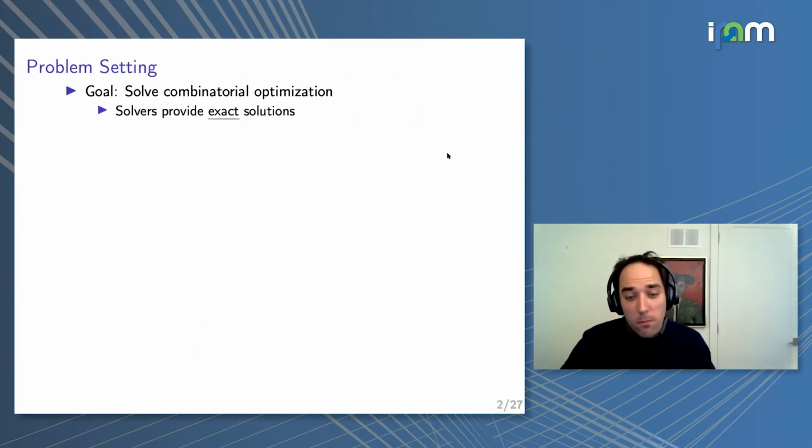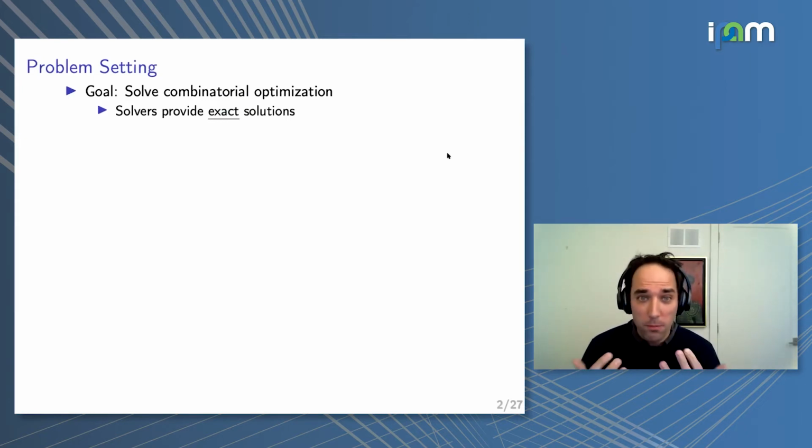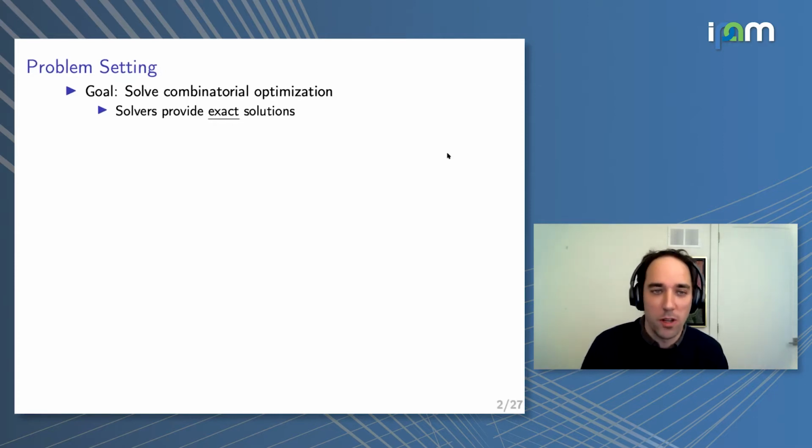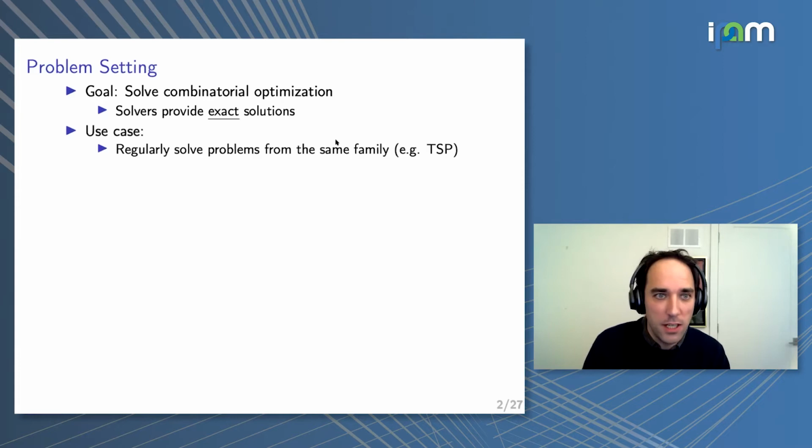Okay, so the goal here is to solve combinatorial optimization problems. And we know that commercial-grade solvers exist that can provide exact solutions to such problems. The use case we consider here is that we want to regularly solve problems from the same family.